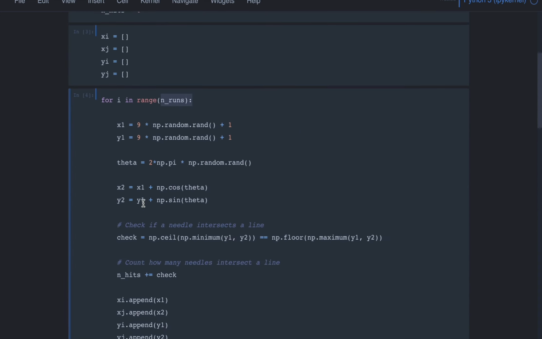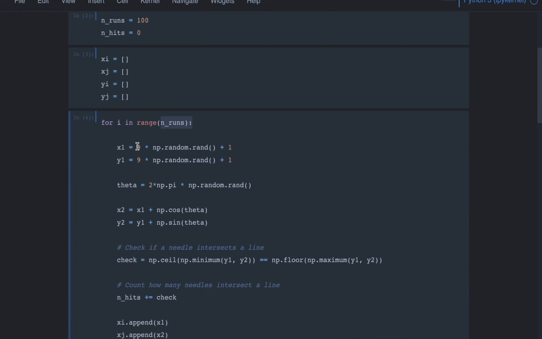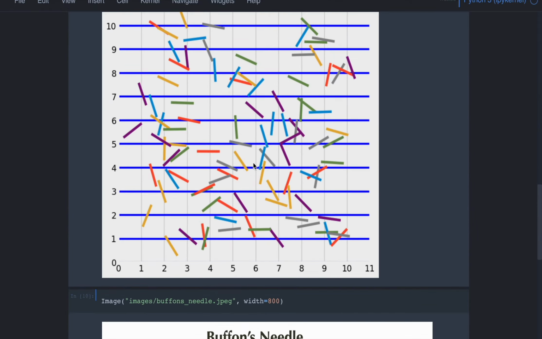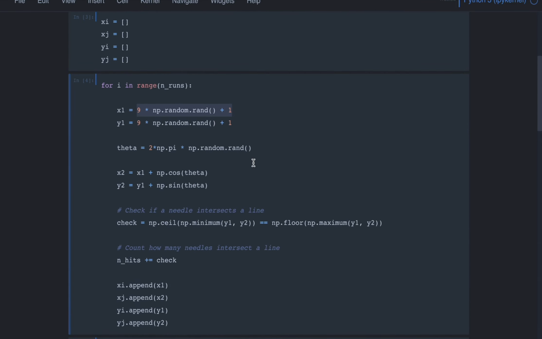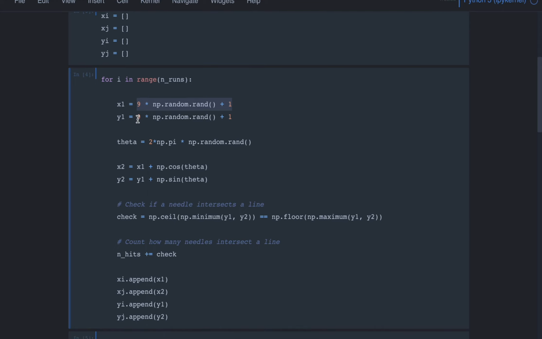So what we do here is, we are generating one coordinate for x1, which will be between 1 and 11, and then similarly we are generating this y coordinate using a similar method.